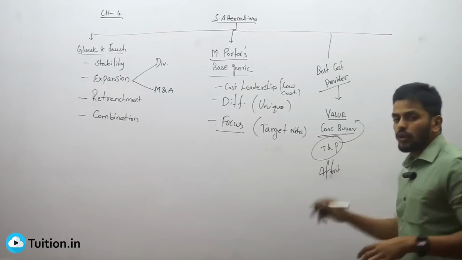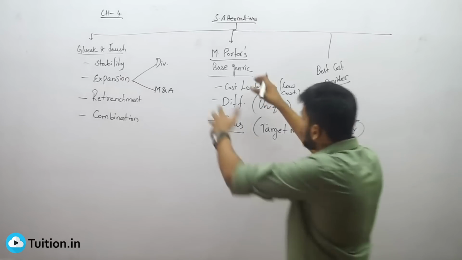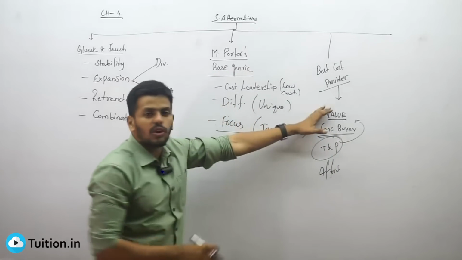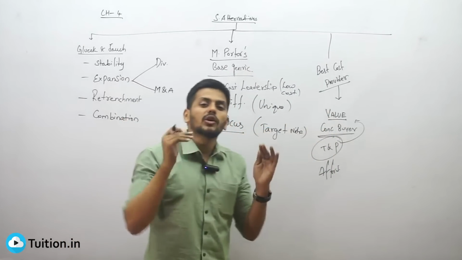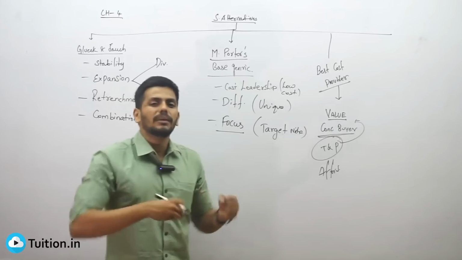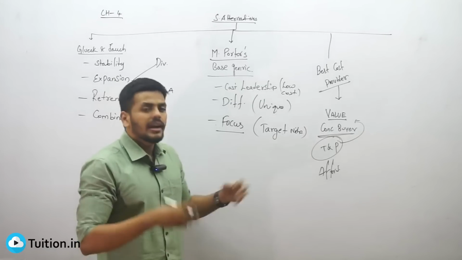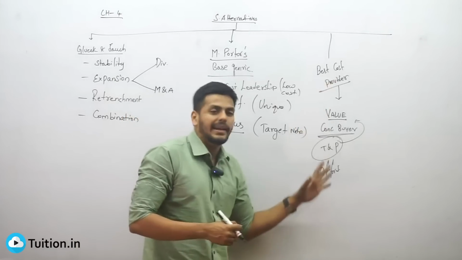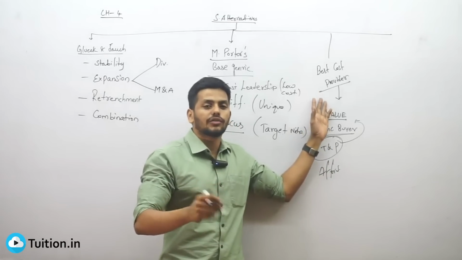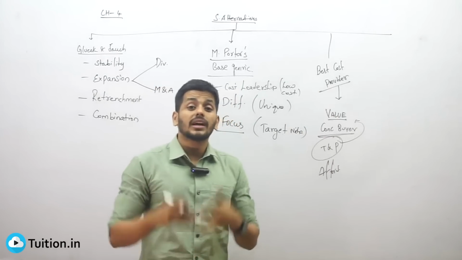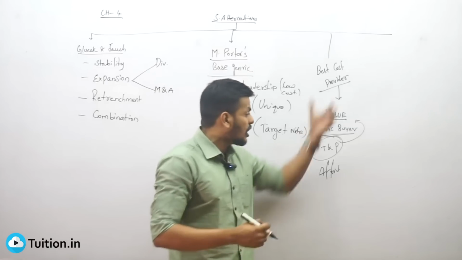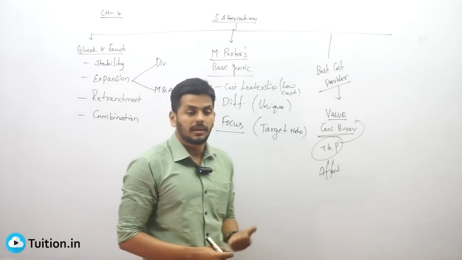So if you look at the table given down there, you will still have these 3 things, and of course the best cost provider to talk about value consciousness. How important is value for him, right? He is ready to pay any amount, but he needs value in that. He is not talking about low cost, he is not talking about high cost. He is talking about the best cost. What do you mean by best cost? Whichever gives him that value, that will become the best cost.